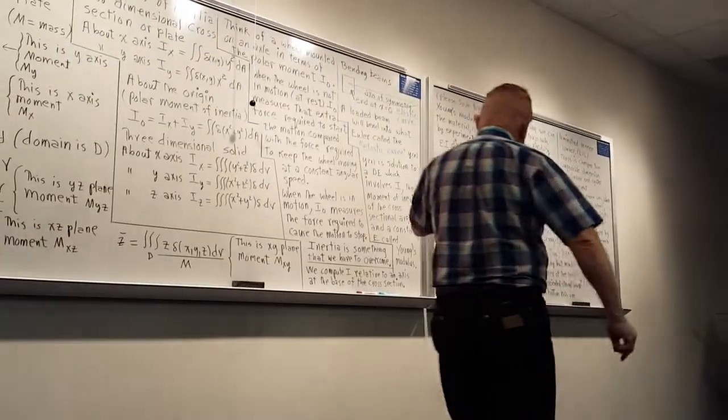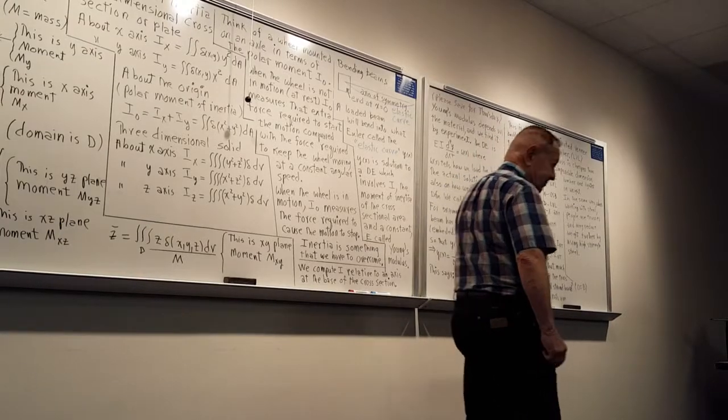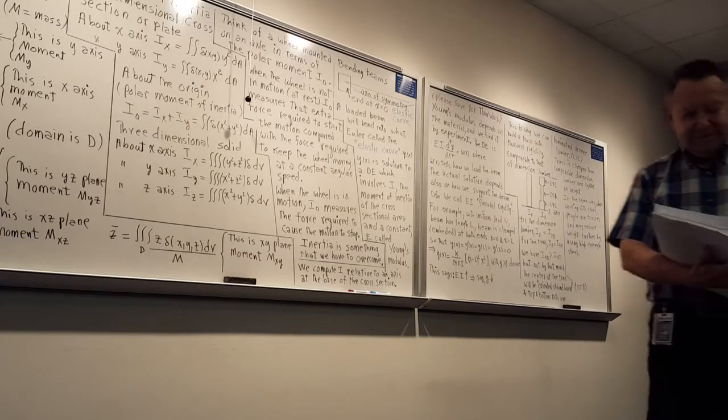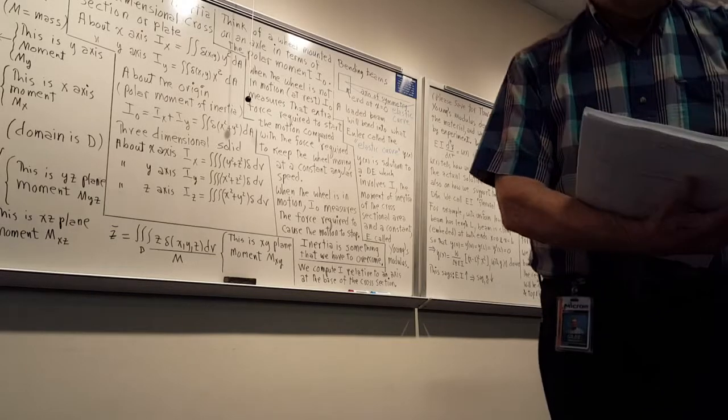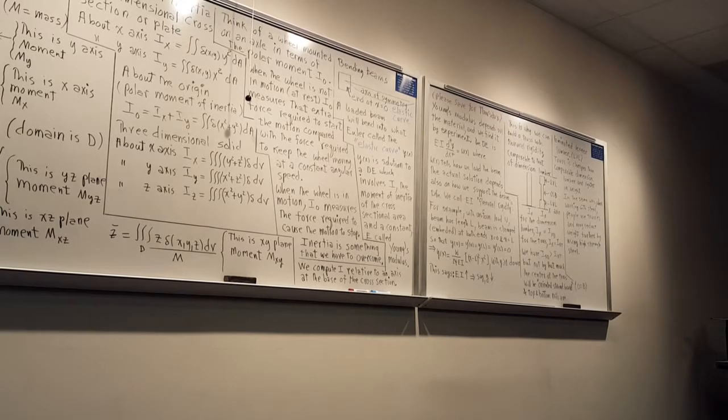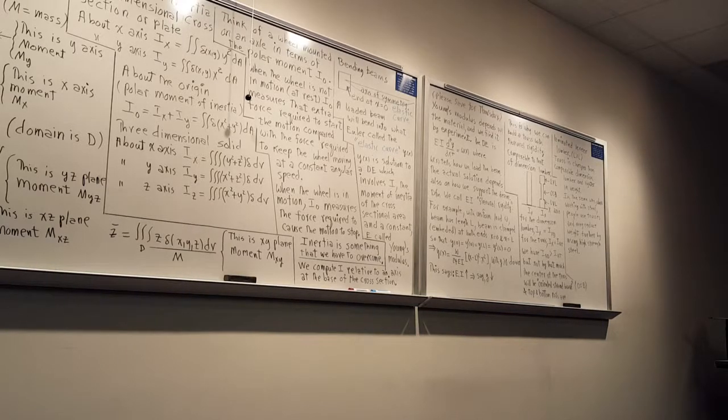Now, if you solve the differential equation, I have that in this handout, which is the same thing, except I've used Maple and solved the differential equation, just so you can see how the elastic curve comes out.